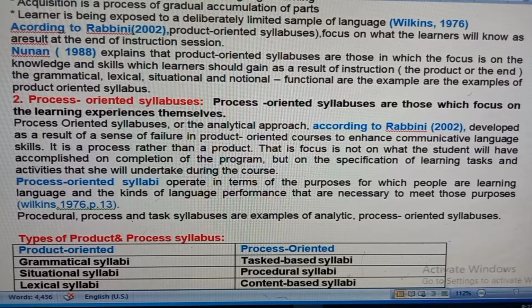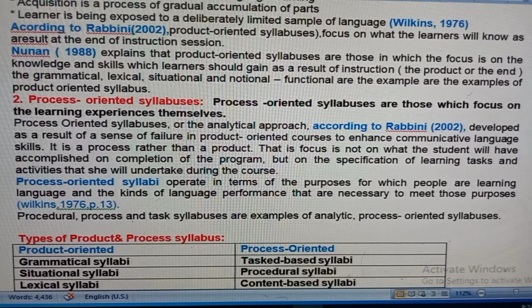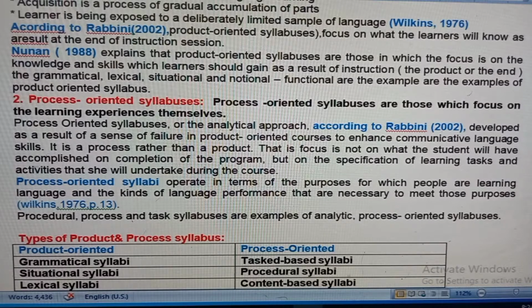That is, focus is not on what the students will have accomplished on completion of the program, but on the specification of learning tasks and activities that she will undertake during the course.